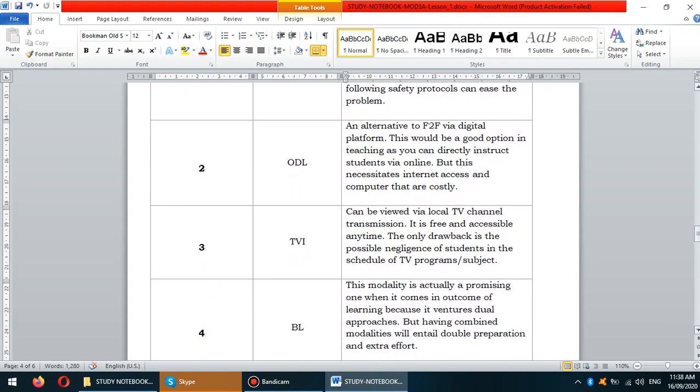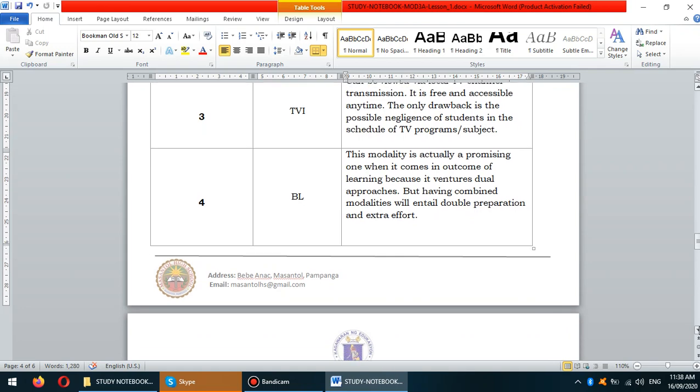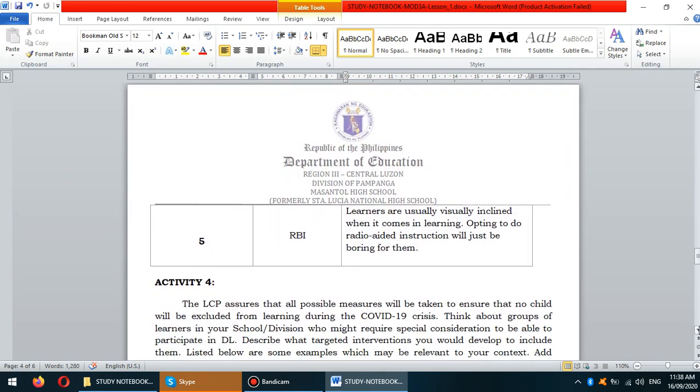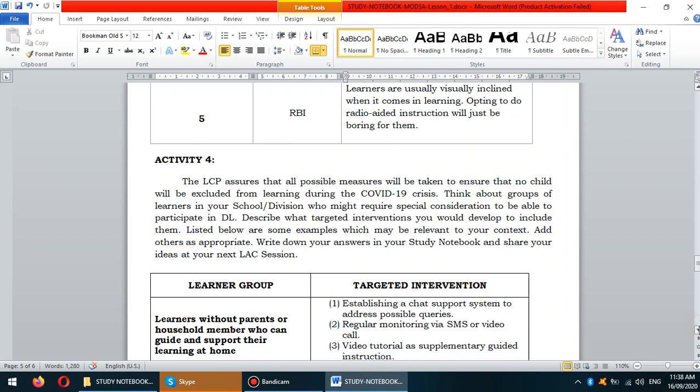The TVI ranked 3 for me, and with my reason as well. The fourth one would be the blended learning with my particular reason, and the last one would be the RBI for my personal view. Now, upon accomplishing this one, you will be directed to answer the activity 4.